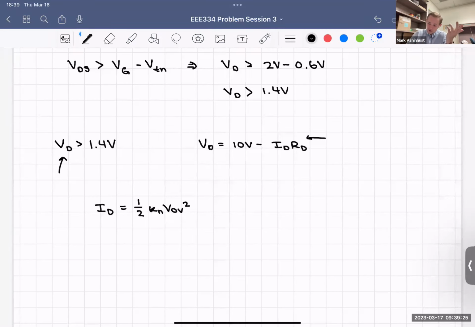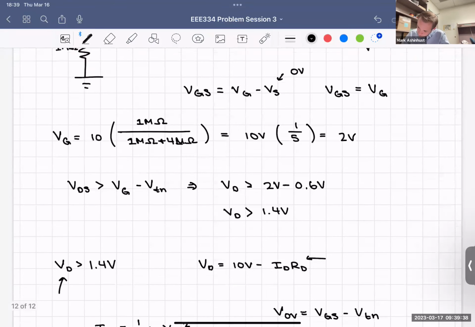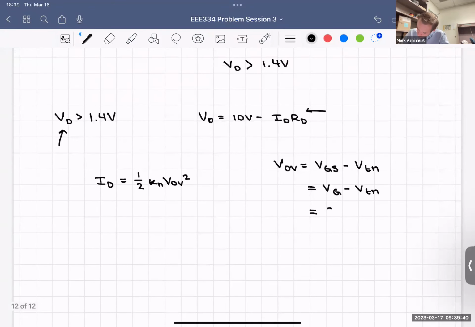Well, we know what VOV is, right? VOV is VGS minus VTN. We know that VGS is actually just VG. We solved for VG, and we said VG is 2 volts, minus VTN, which is 0.6 volts. So we know that this is 1.4 volts.